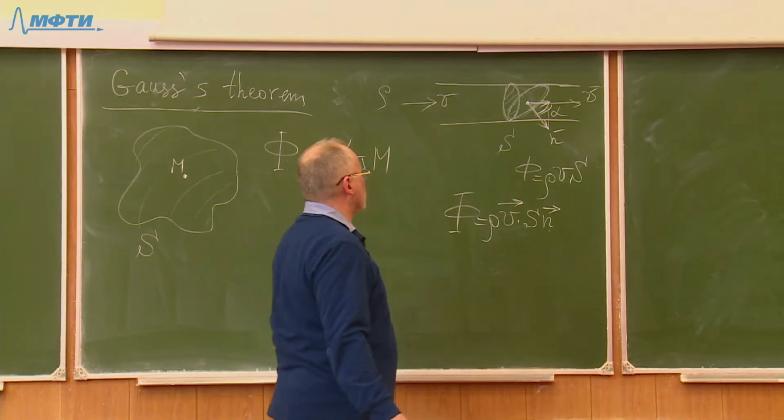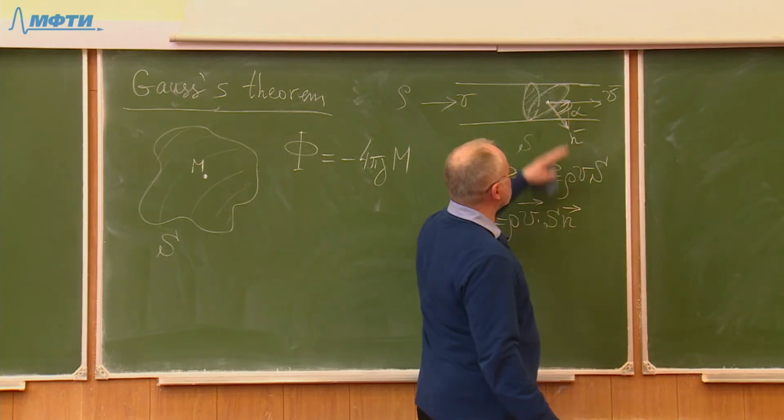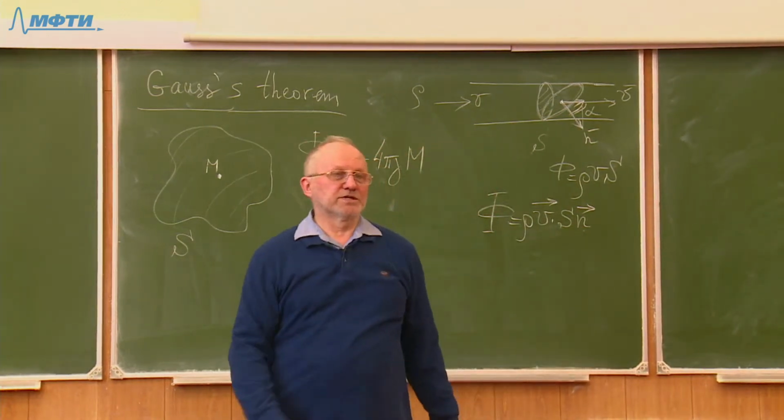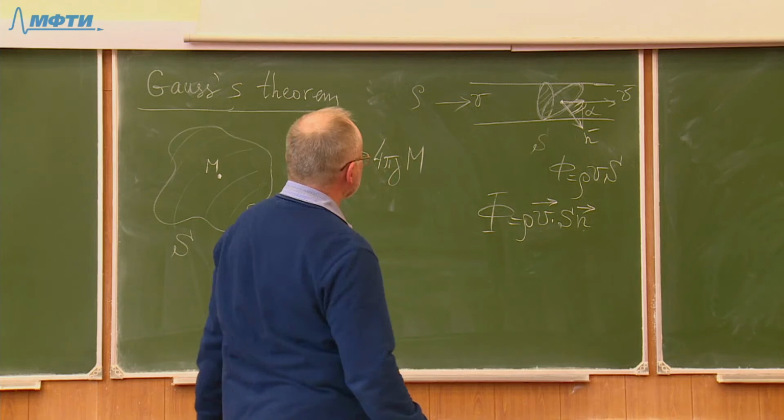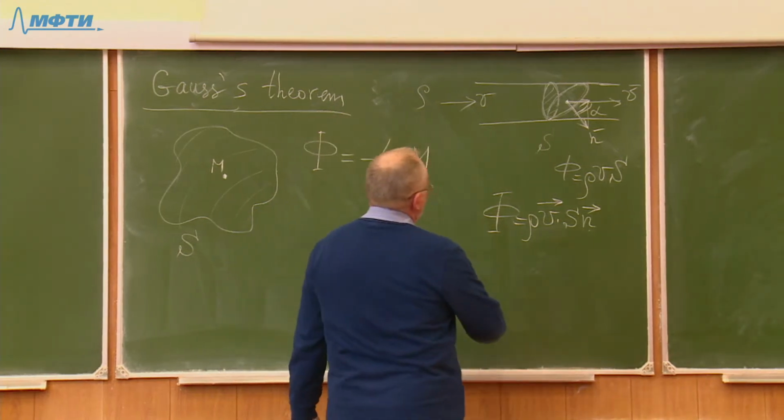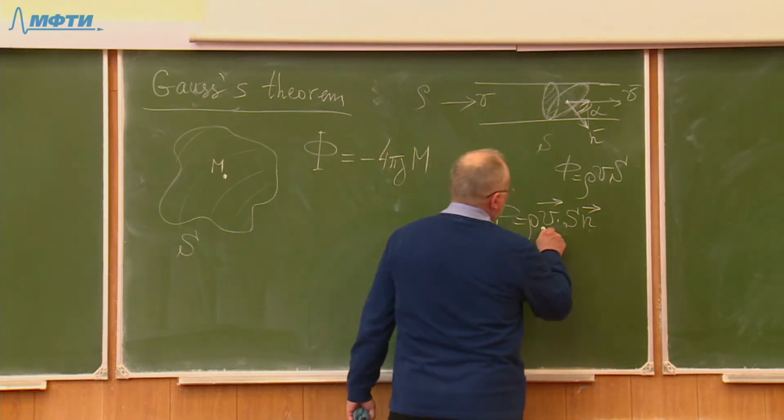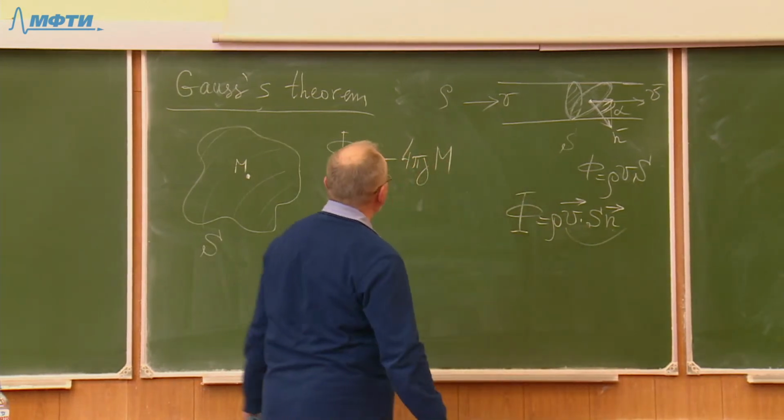That quantity should not depend on how you take the cross section of this tube under what angle. So people understood that flux should be calculated using the scalar product.